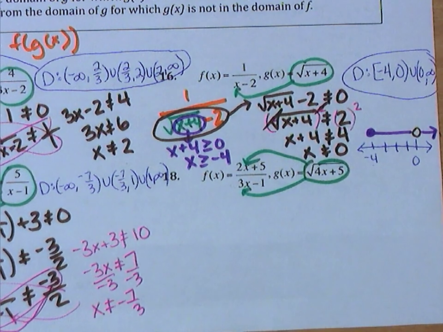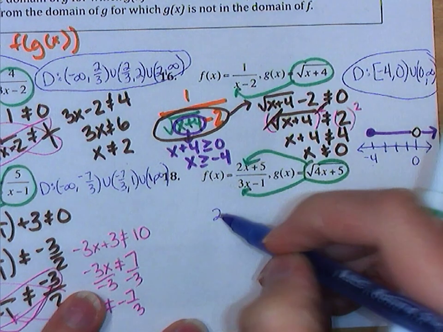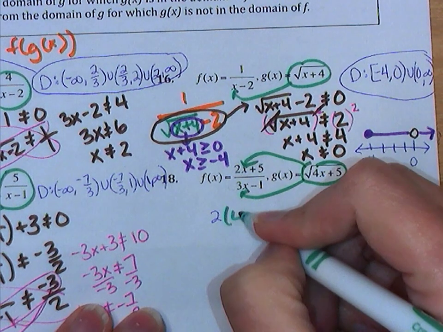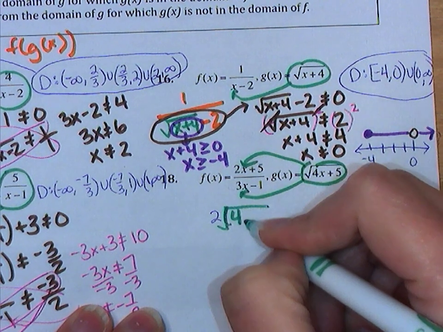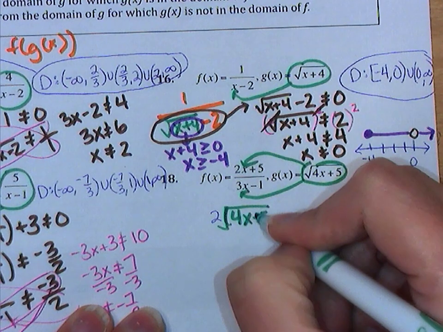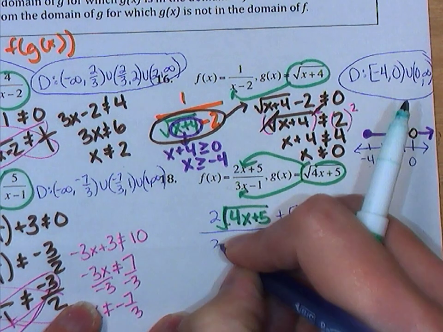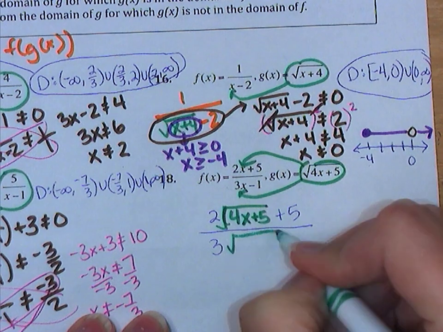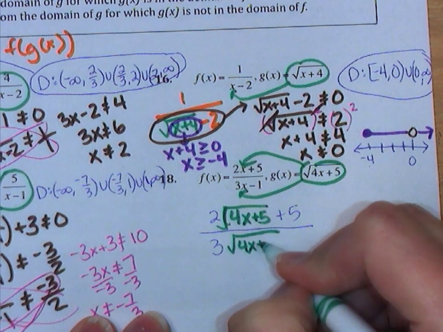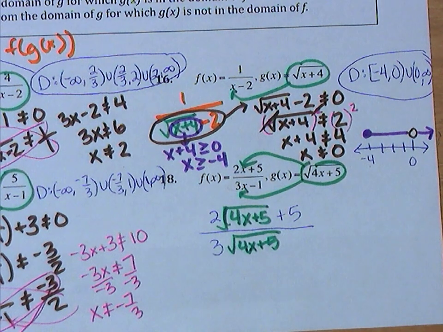So you have 2 times 4 square root, 4x plus 5 over 3 square root 4x plus 5 minus 1.